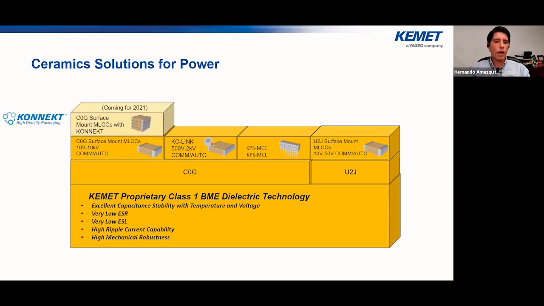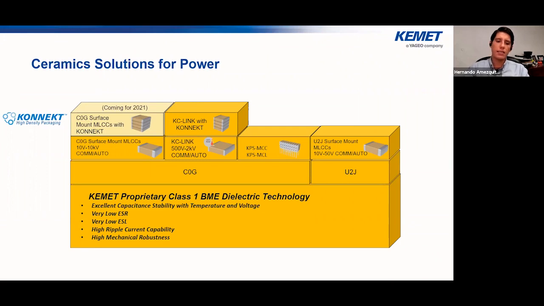And now we also have a new technology that is helping us to combine with these dielectrics that I mentioned before, that is the Connect technology, which is a high density packaging technology. We can make C0G surface mount MLCCs with Connect. This is coming for 2021, but we are already offering this Connect technology combined with the KC Link that we have.